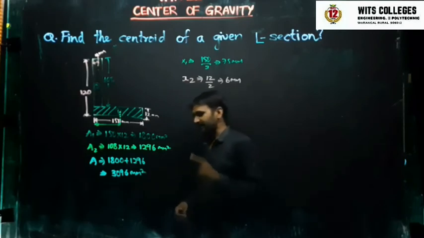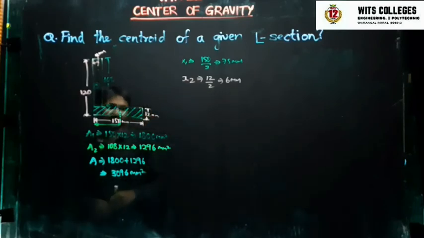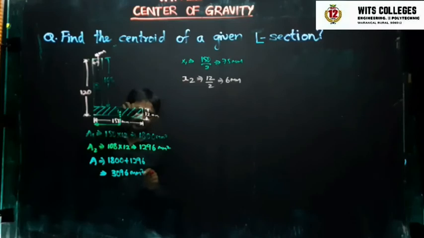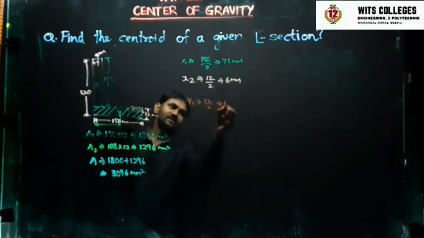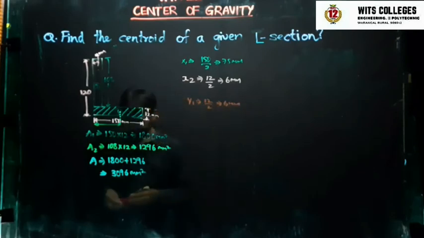Similarly, you need to calculate y1 as well as y2. Let me calculate y1. This is my total width, and from this you have to take half for figure number 1. That is y1 equal to 12 by 2, which is equal to 6 mm.